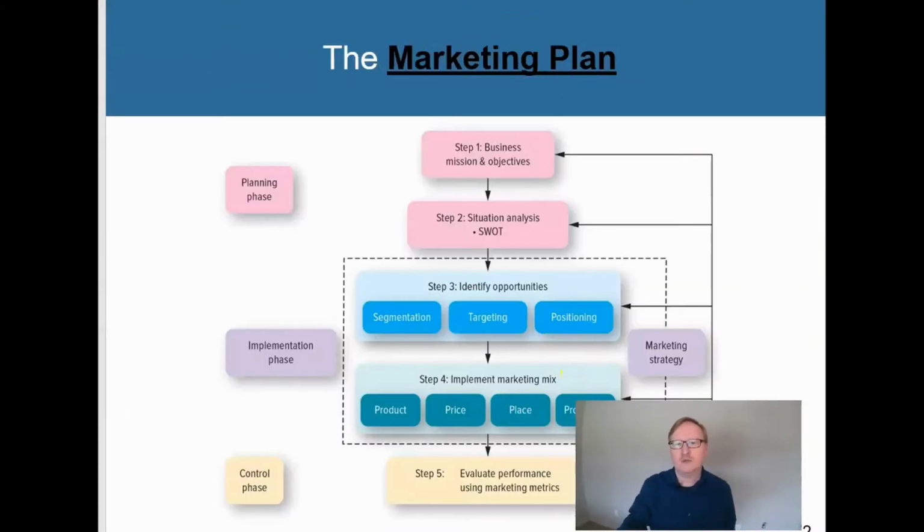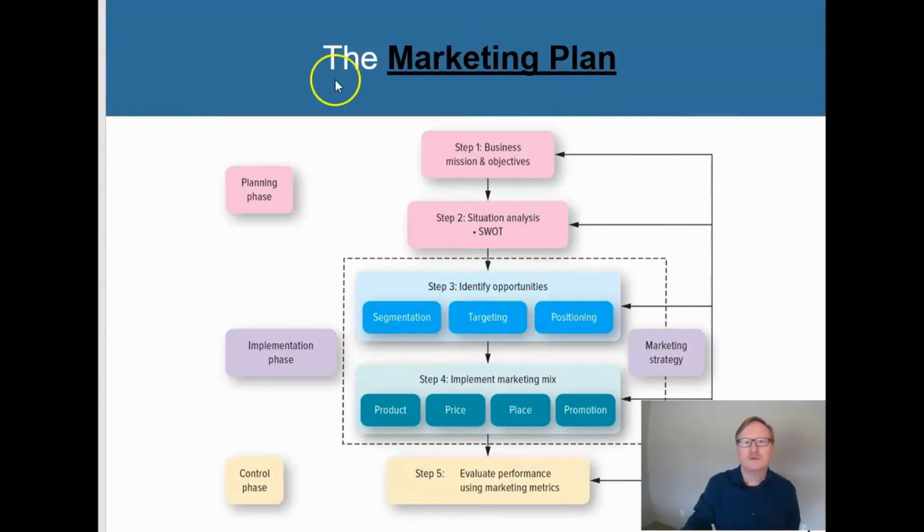So here is where we're headed. This was from the beginning of the whole plan that we're going through. So the marketing plan, we have the planning phase, which we talked about in Module 1 and 2, which included our SWOT analysis. The section that we're in now is the implementation phase, implementation of the marketing plan. And we're starting step 4, which is the 4 P's: product, price, place, and promotion.